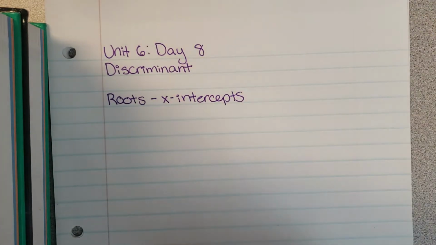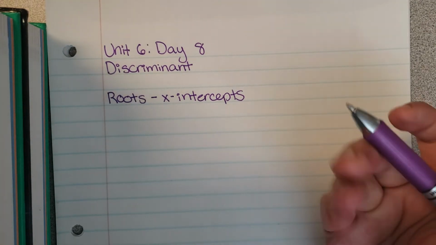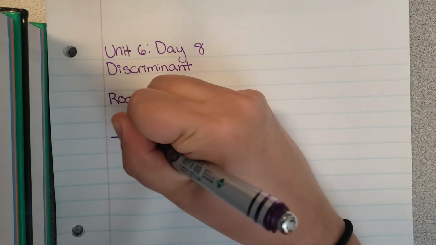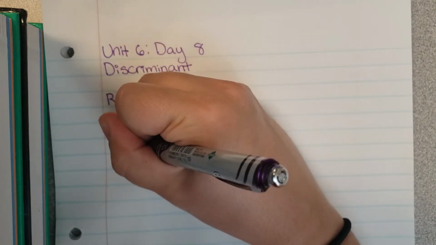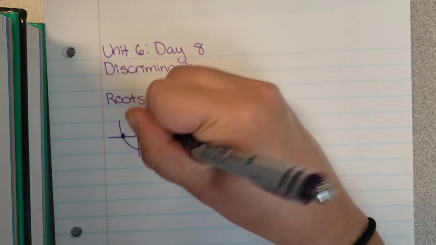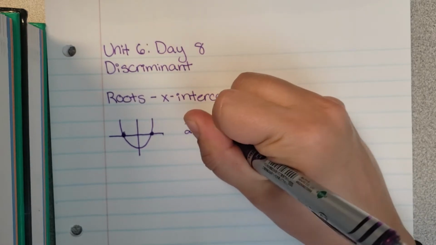So roots are just a different name for x-intercepts. And quadratic functions can have different numbers of roots. So for example, this quadratic here has 2 roots because it has 2 x-intercepts. So we're going to say it has 2 roots.